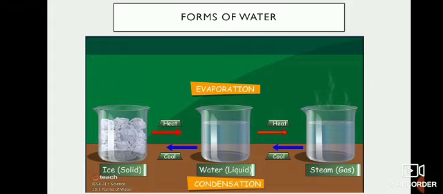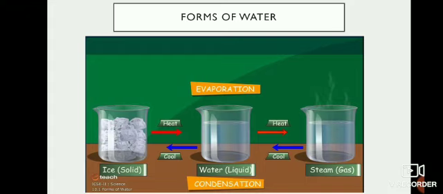We know that when ice is heated, it converts into water, and if water is heated, it turns into water vapor. Similarly, when water vapor is cooled, we can get back water. If water is cooled further, we will get ice. So we understand the three forms of water are interchangeable.